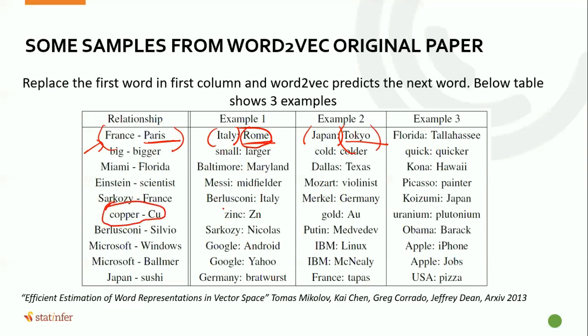Copper, Cu, zinc, that's what they gave. The result was given as Zn, the most similar result. Gold, they gave Au. Microsoft Windows, then Google: the result was predicted as Android. IBM, Linux was predicted. Apple, iPhone was predicted. It all depends on the input data, obviously, but the relations are preserved very effectively.